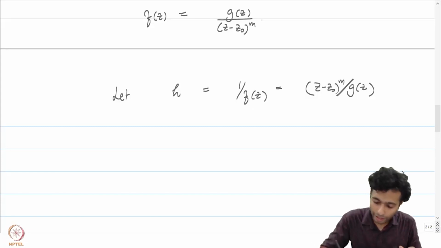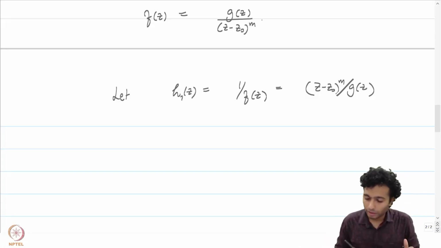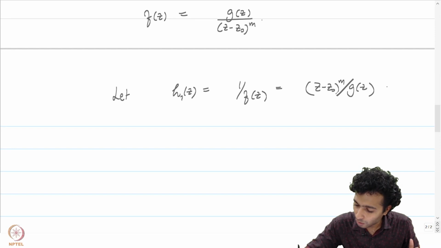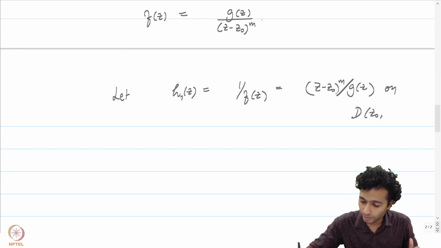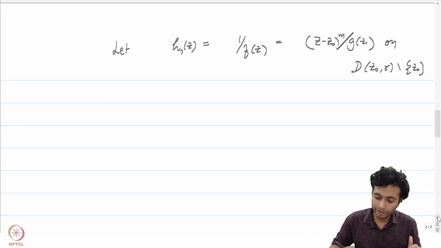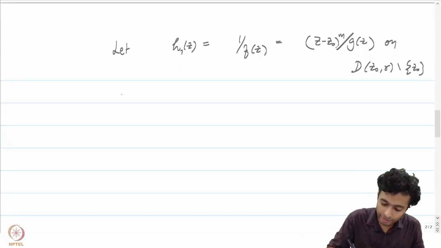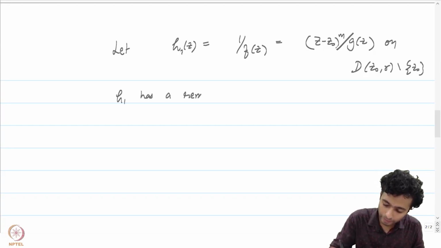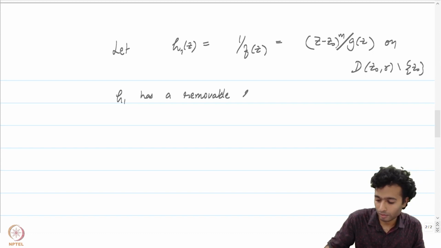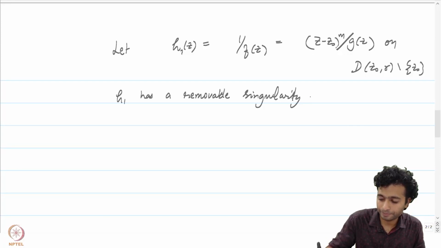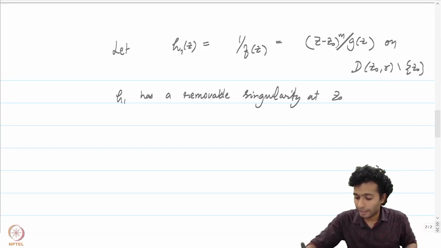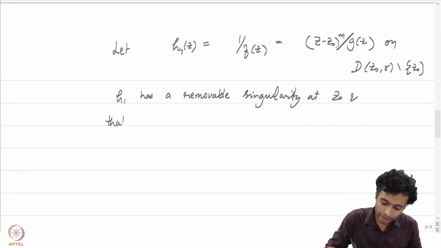So let me just call h1 equal to 1 by f(z) on D(z0, r) minus z0. And immediately we know from the theory that we have developed that h1 has a removable singularity at z0, and further that h1(z0) is equal to 0.